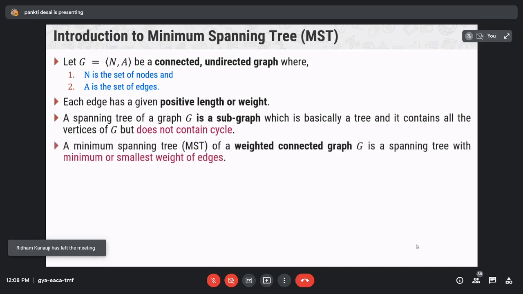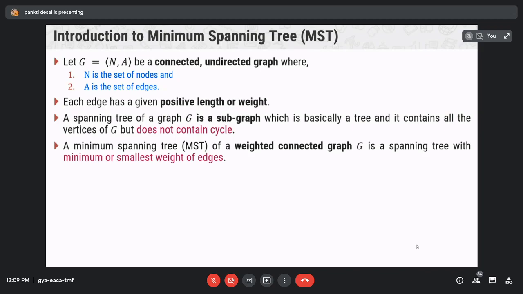The next definition is minimum spanning tree. A minimum spanning tree of a weighted connected graph G is a spanning tree with minimum or smallest weight. A spanning tree is a subgraph of G which does not contain any cycle. Now what is a minimum spanning tree?